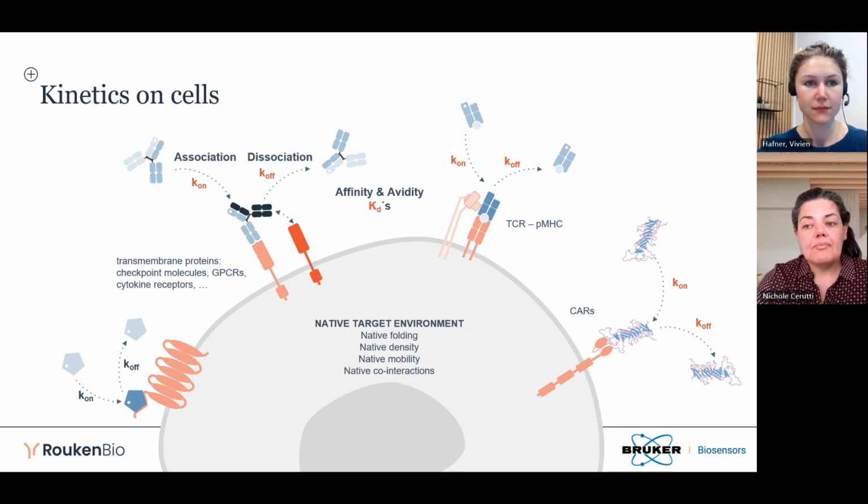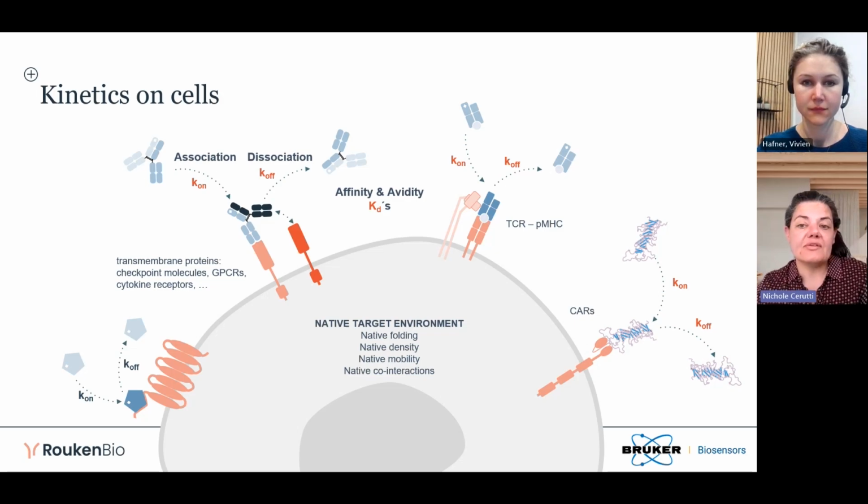By measuring kinetics on live cells, we are able to gain a more accurate picture of how a therapeutic interacts with its target under native conditions. And this allows us to account for binding avidity, things like receptor clustering, and also cell-specific factors. And these factors can influence both the strength as well as the duration of binding.